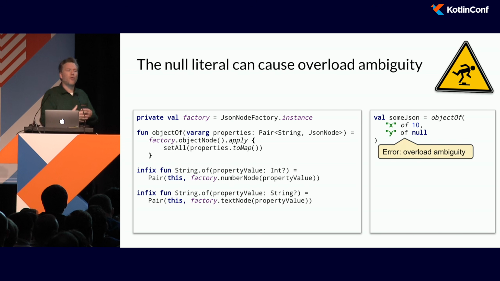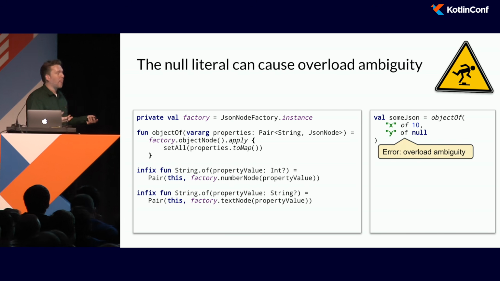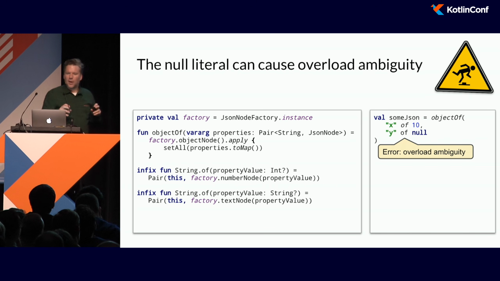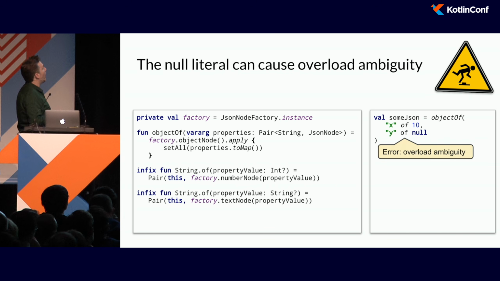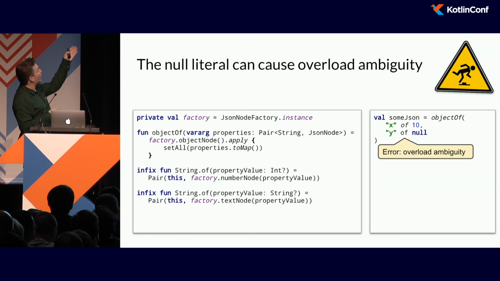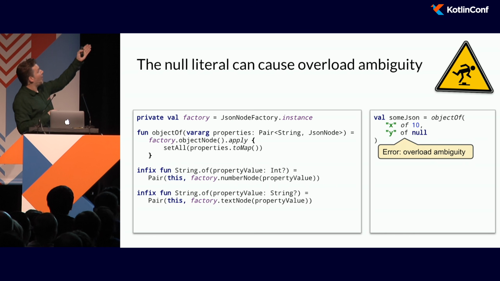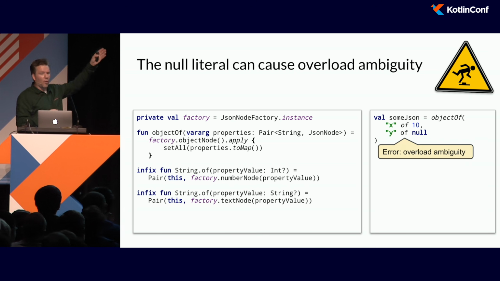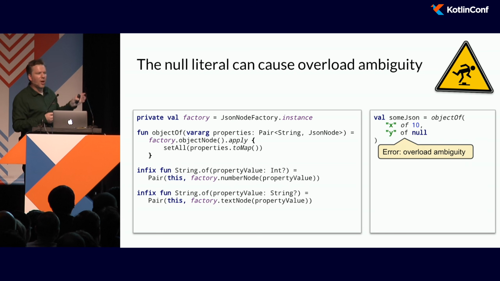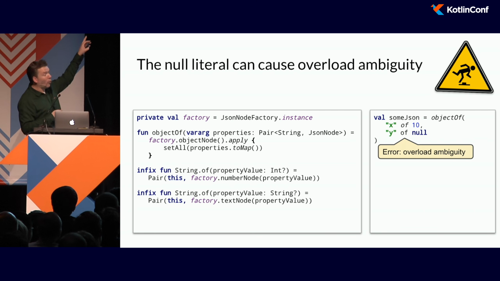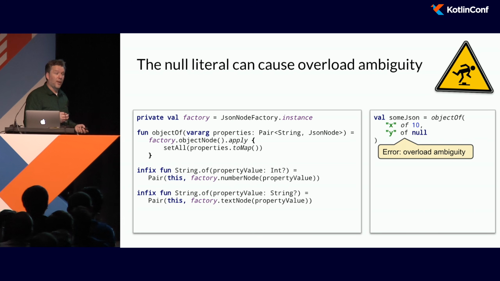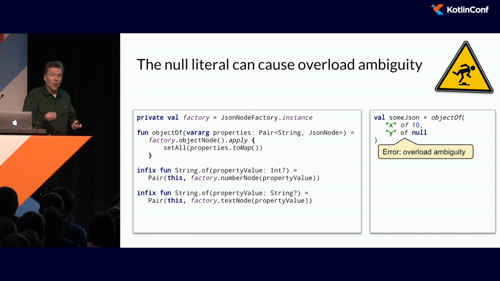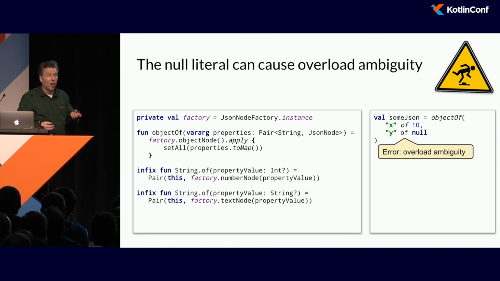If you have nullable types, you can accidentally create overload ambiguity. Here is a little internal DSL to create JSON structures. I can create a string property by saying x of 10 or y of null. But when I say y of null, the compiler doesn't know which of the two functions on the left I'm intending to call, because null is a possible value of both nullable Int and nullable String.